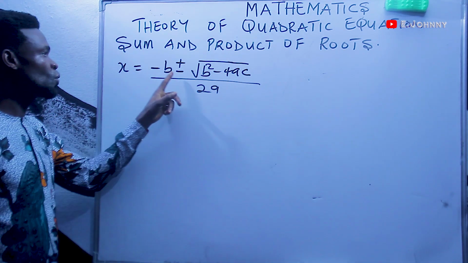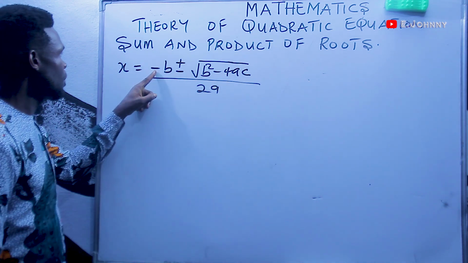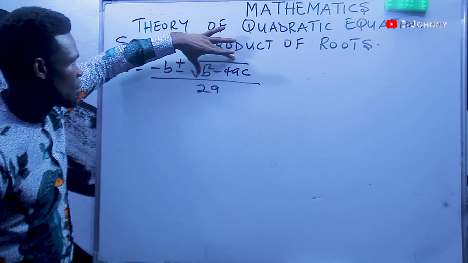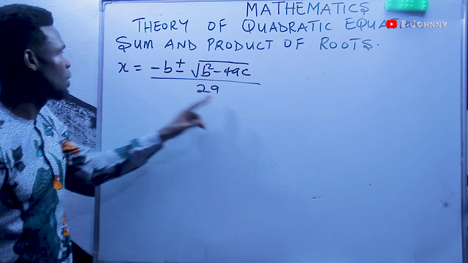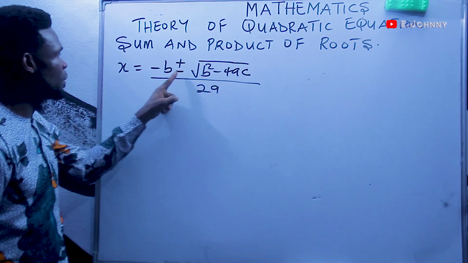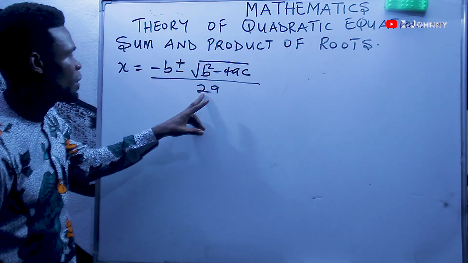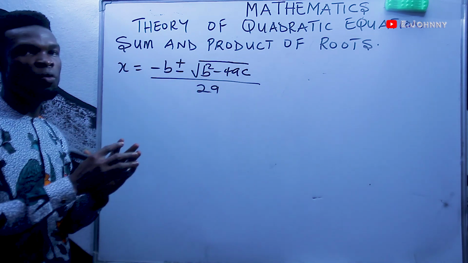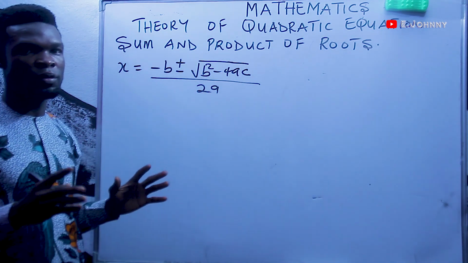Now don't forget there are two roots here, minus b plus the whole of this divided by 2a and minus b minus the whole of this divided by 2a. So we want to split those two roots.